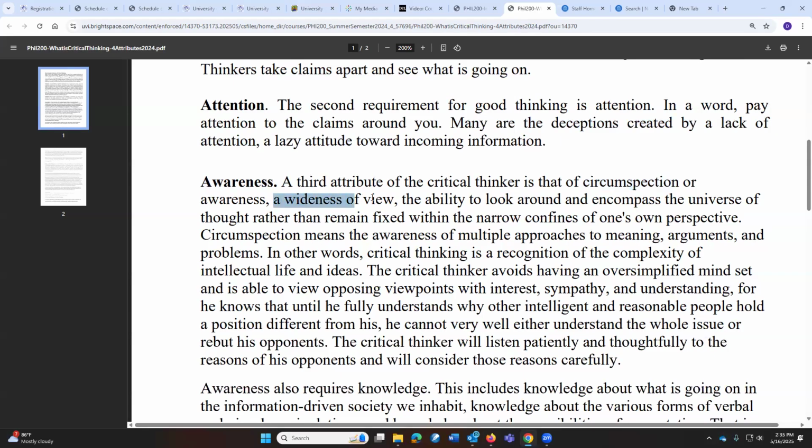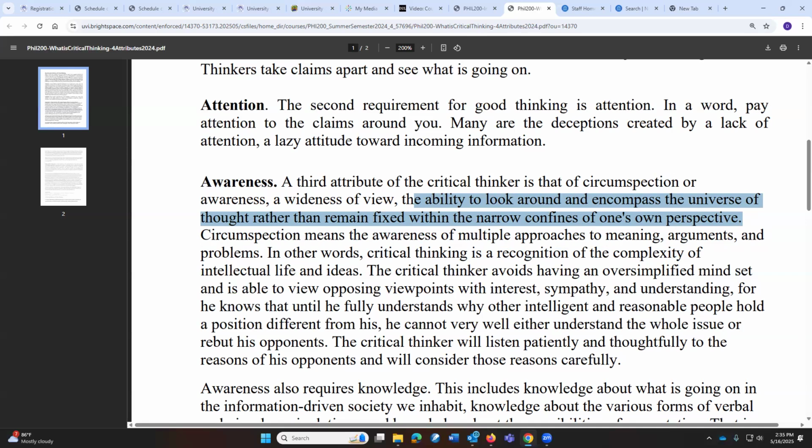It gives us a wideness of view. It's the ability to look around and encompass the universe of thought rather than remain fixed within the narrow confines of my own perspective. So don't just look at it from my narrow eye view. Rather, look at everything around it.